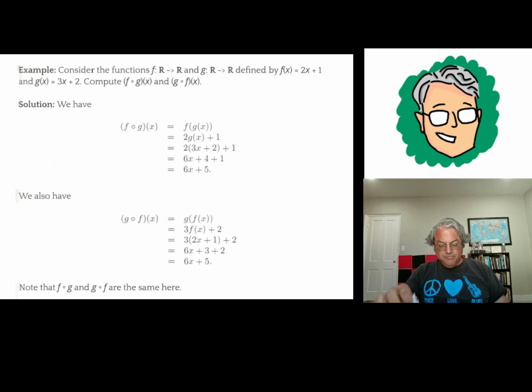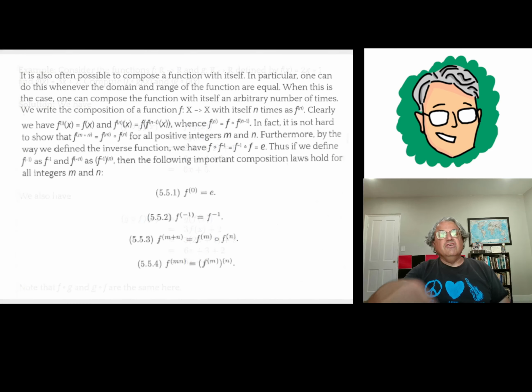The notation people use for composing a function with itself, I think I have to go to this slide here, is they write f with a little superscript in parentheses, indicating the number of times we're composing the function with itself.